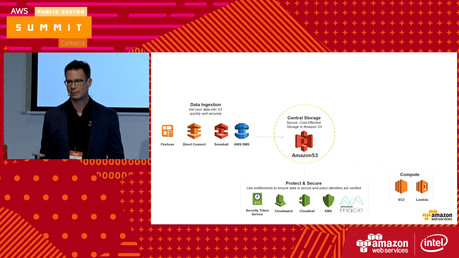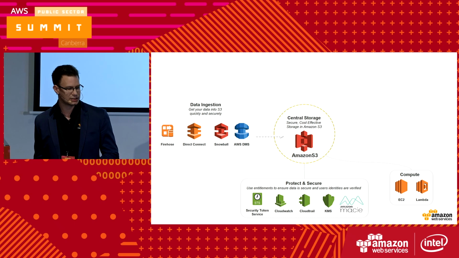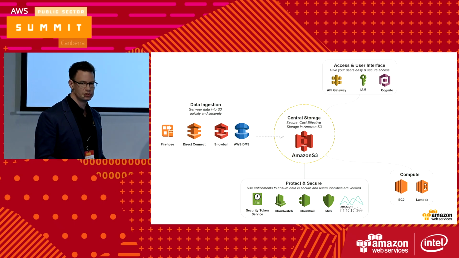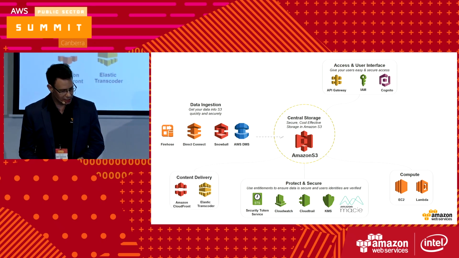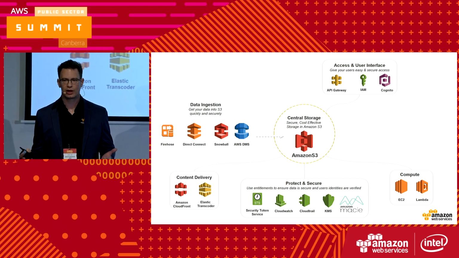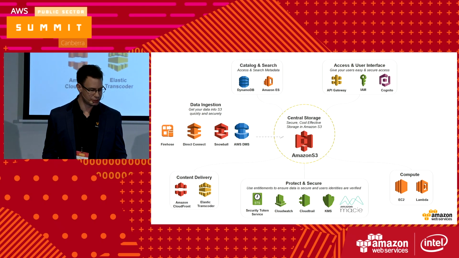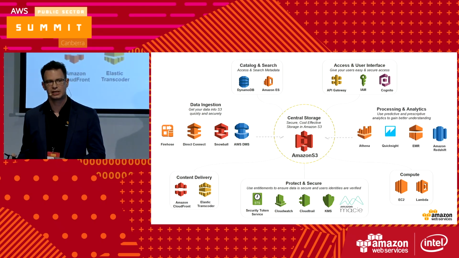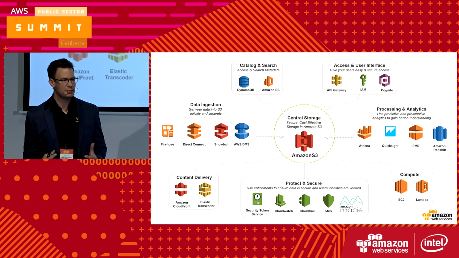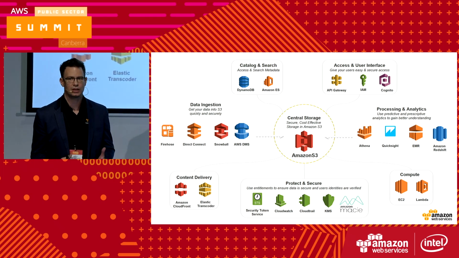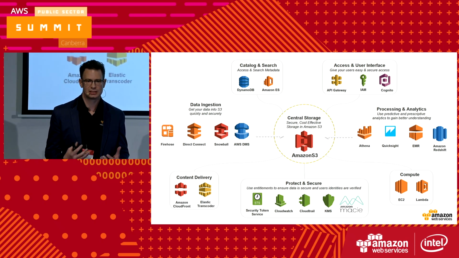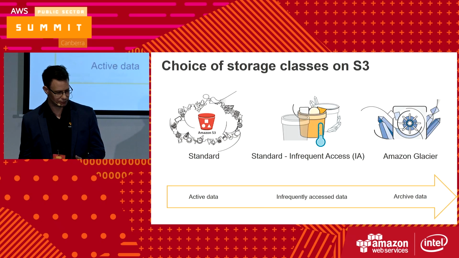Of course, creating applications that use the data and compute on that data. Allowing access for our users to that data. And delivering that content all around the world in any format we can imagine. Cataloging and searching it. And of course, processing and analyzing it. And it's this capability of S3 to be durable and scalable and performant that enables us to use it as a linchpin in our architectures like this.